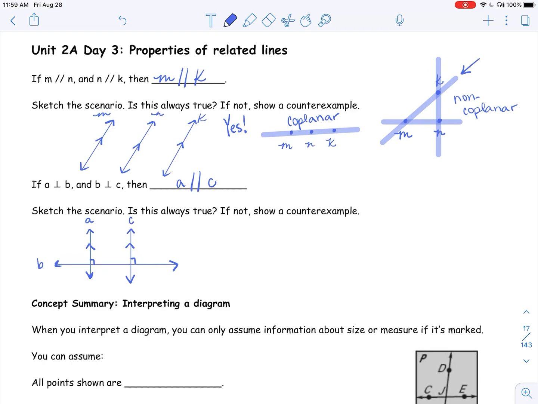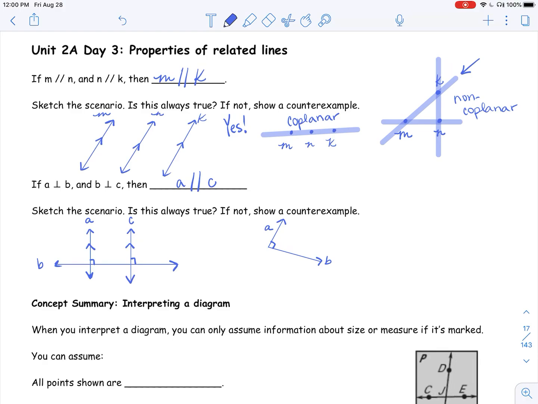We're going to have to imagine that one of these lines is located in a different plane. The easiest way to do that is to draw like the corner of a box, okay? So I'm going to start out here, and maybe this is A and B. Here's our little marking.